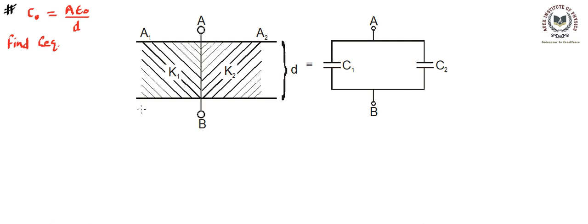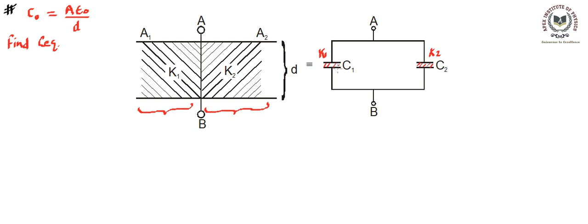We can separate this part and this part of the capacitor and connect them by a wire. Then across the points A and B you will find one capacitance because of K1 dielectric, and another capacitance because of K2 dielectric, completely filled.